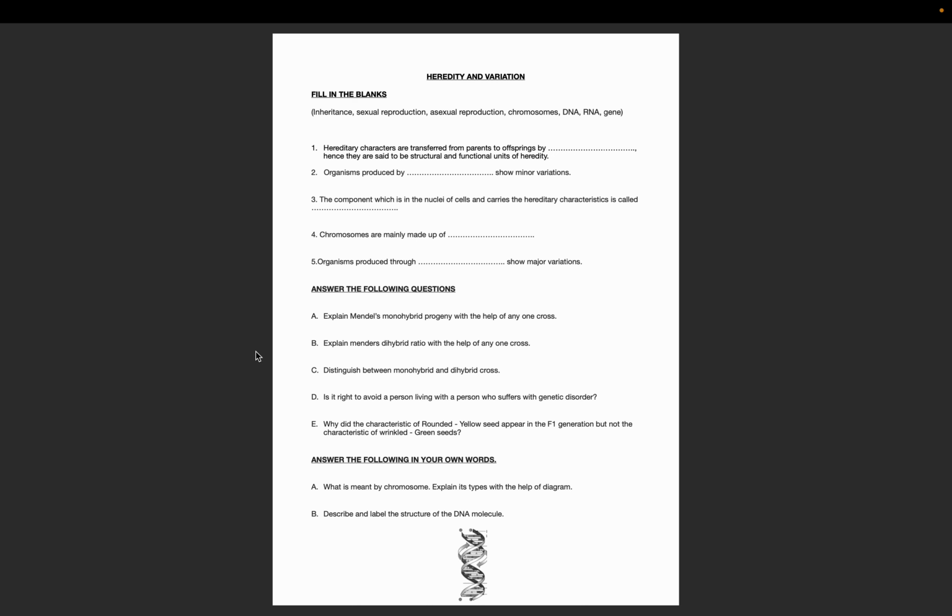Okay, I think one of you might have guessed it. So the characteristic that is rounded yellow seed appears first in the F1 generation because it is the dominant character, whereas wrinkled and green seeds are recessive characters. I hope you understood this. These answers should be around 2 to 3 lines and should not exceed more than this. But remember to mention the keywords and the concepts.